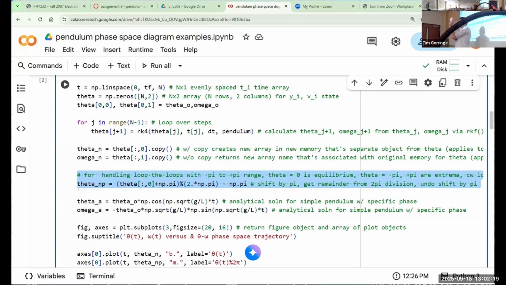So to do that, I added on pi, which takes my equilibrium position from 0 to pi.